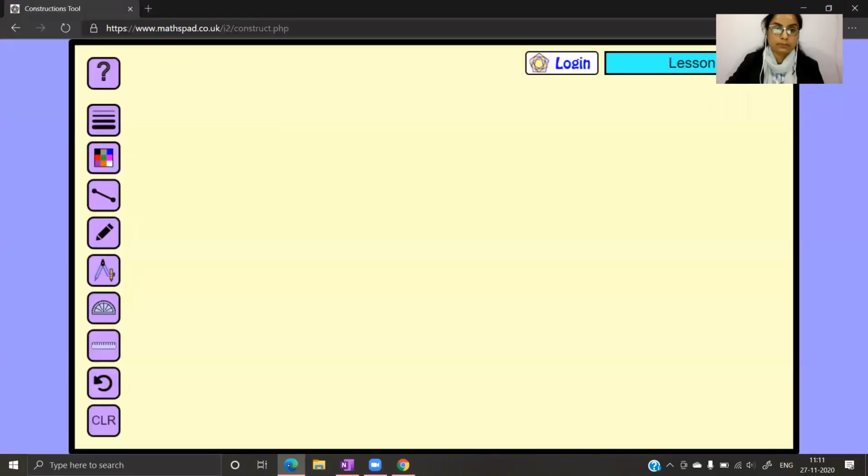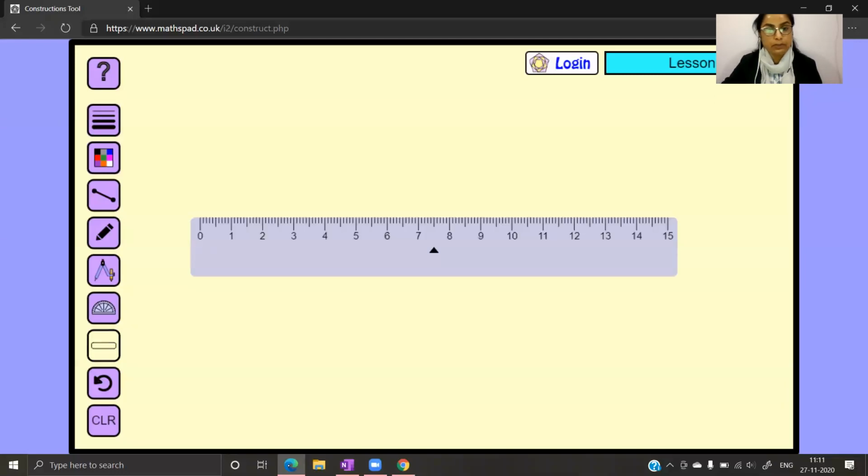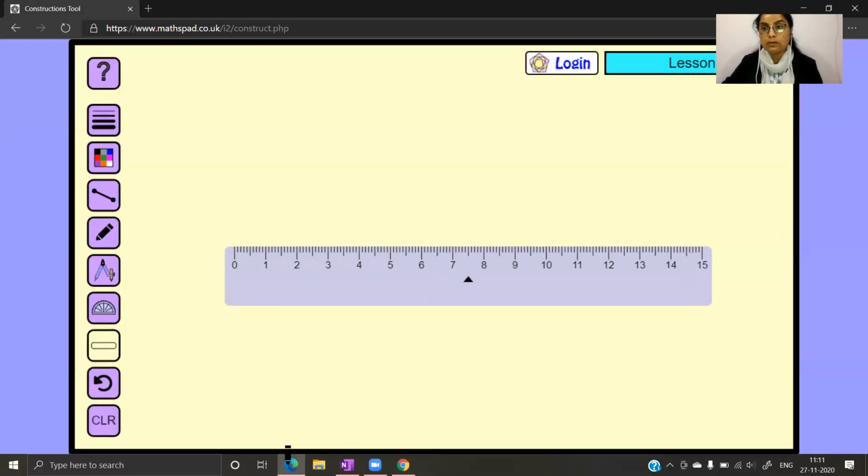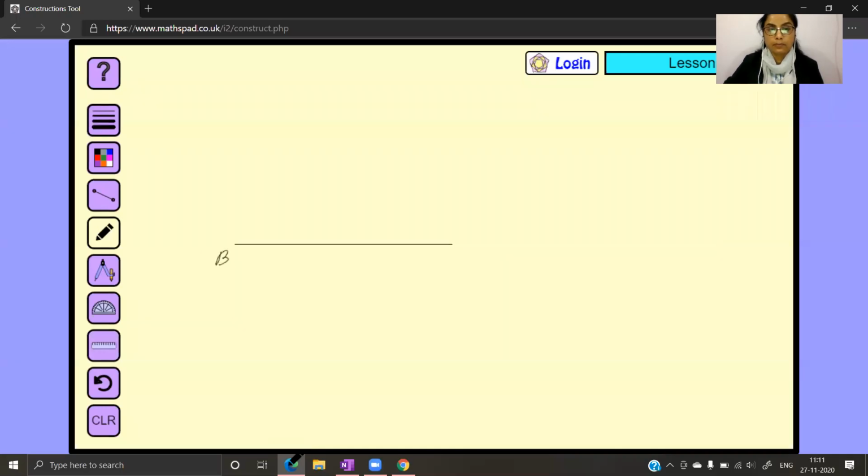Now, keeping in mind the rough sketch, we shall start with, first of all, a line segment of length 7 centimeters. This is 7 centimeters in length.